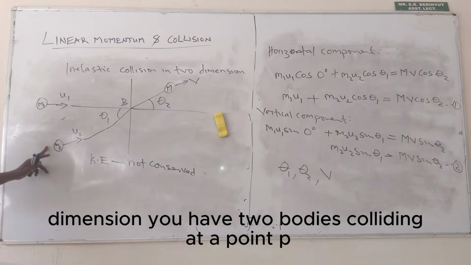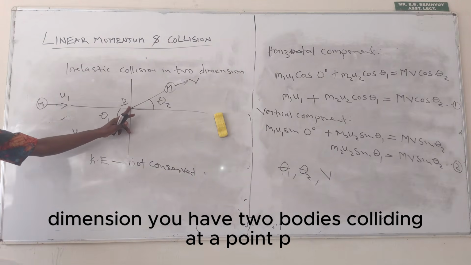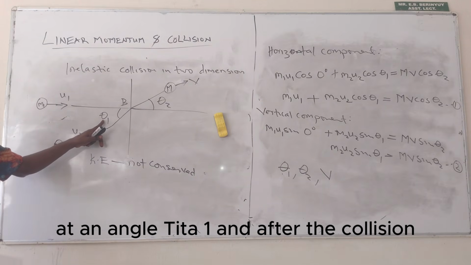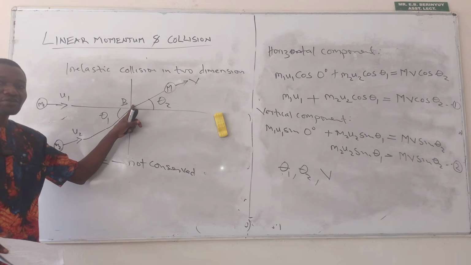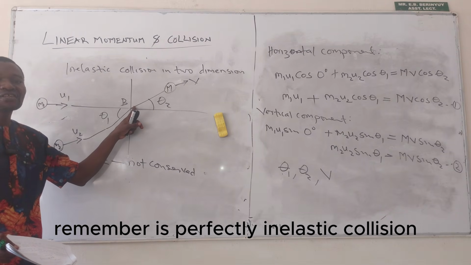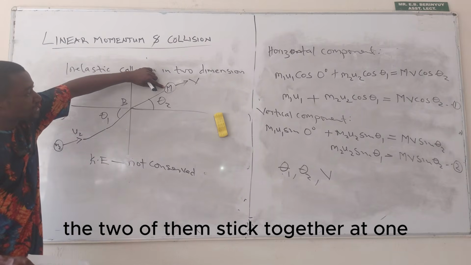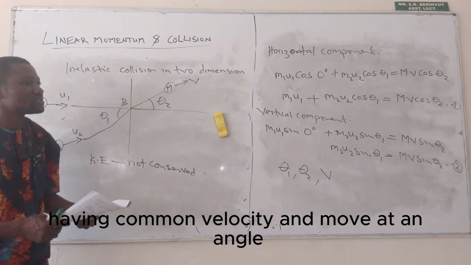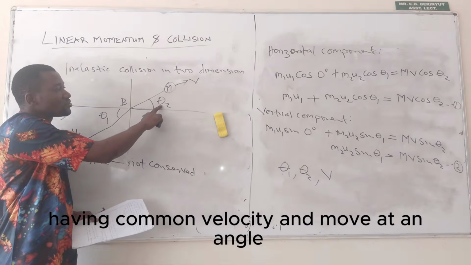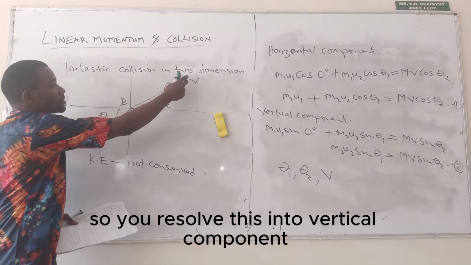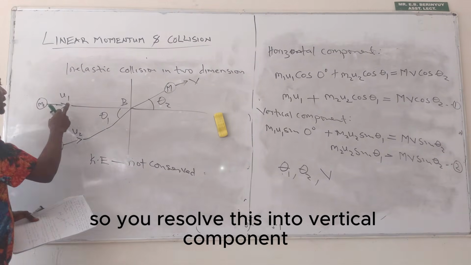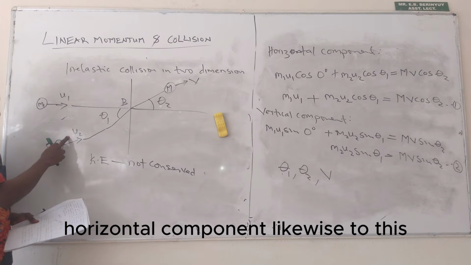You have two bodies colliding at a point P at an angle theta 1. And after the collision, remember, it's perfectly inelastic collision. The two of them stick together, having common velocity, and move at an angle theta. So you resolve this into vertical component, horizontal component, likewise to this.